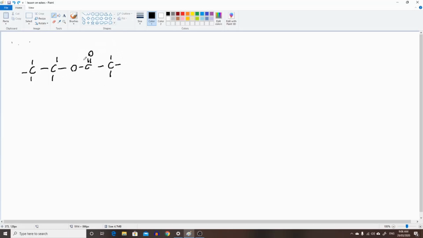Now, when we put this reaction together, it's a condensation reaction, because if you've got your ethanol, one C on OH, and then you've got your carboxylic acid, O bond, and there's your acidic proton, attached to a C, which is attached to another double bond O, and then bond C and 3 hydrogens.